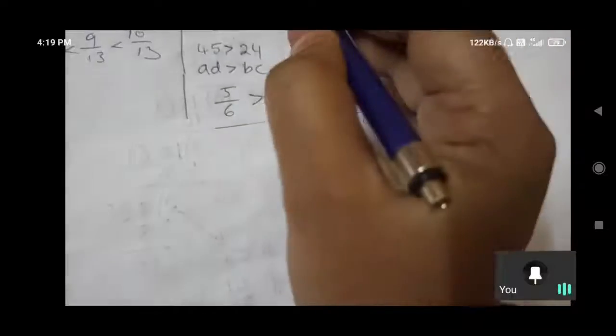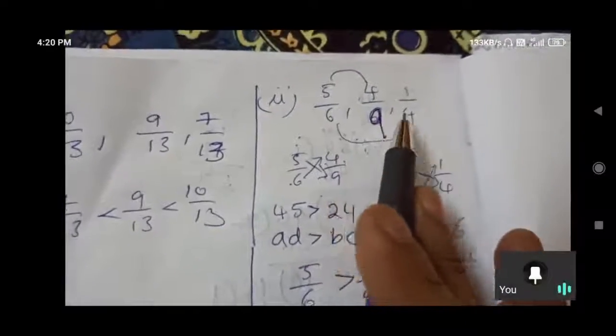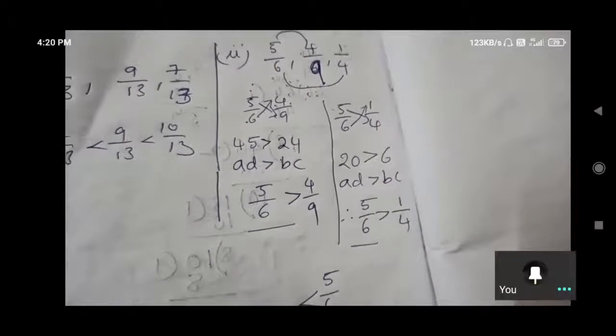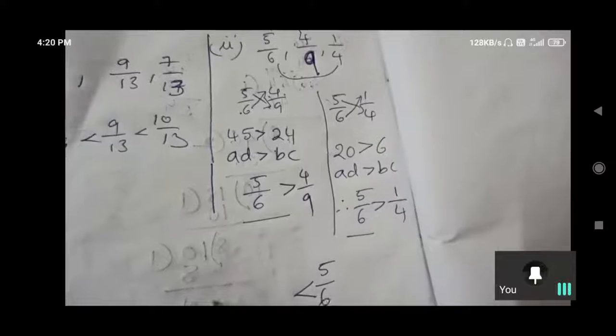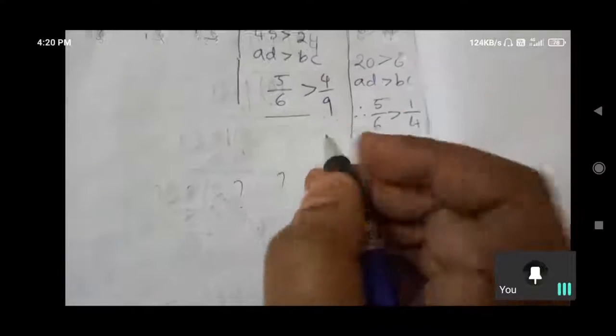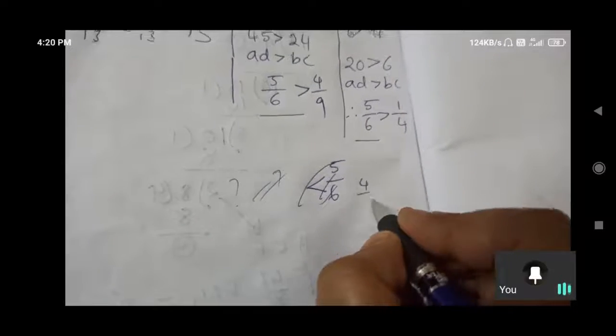Among these two also we need to compare, to find which one comes first and which one comes next. So for that purpose, first we need to compare those two also. So 4 by 9, 1 by 4.